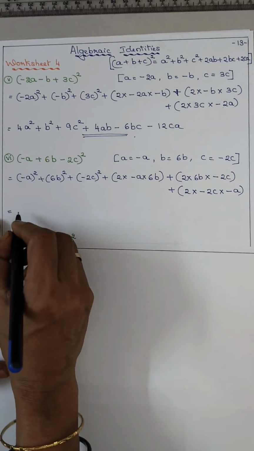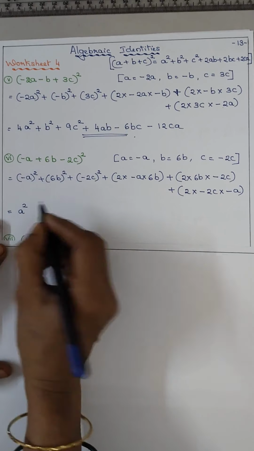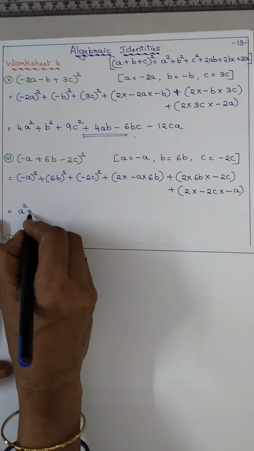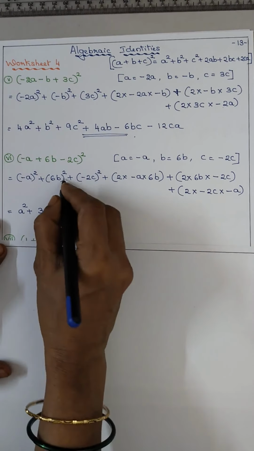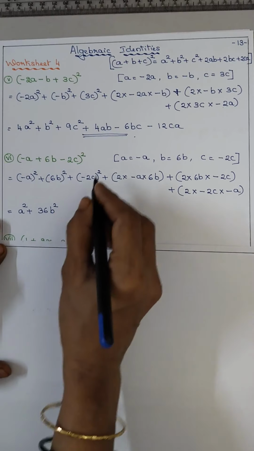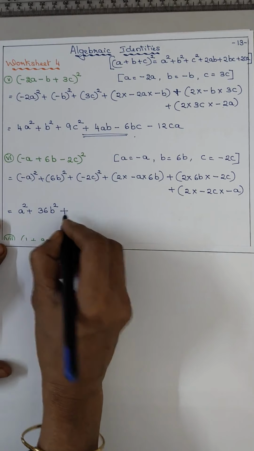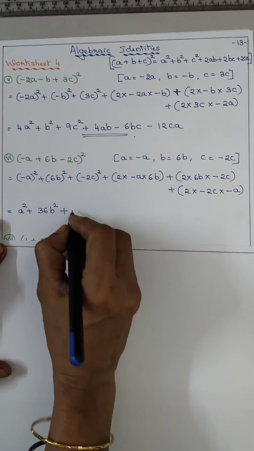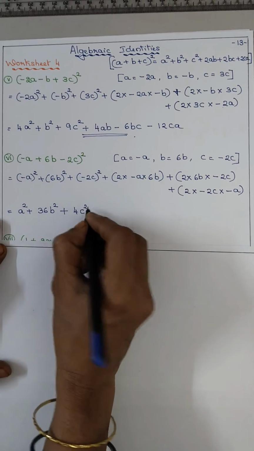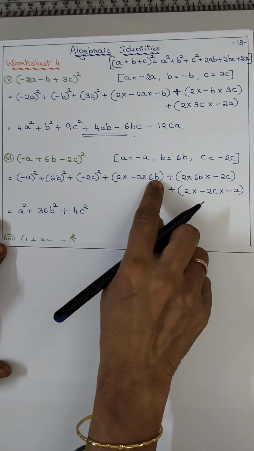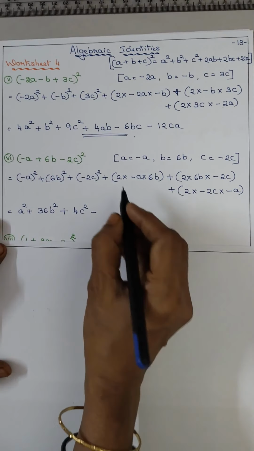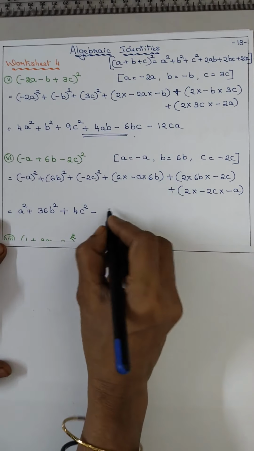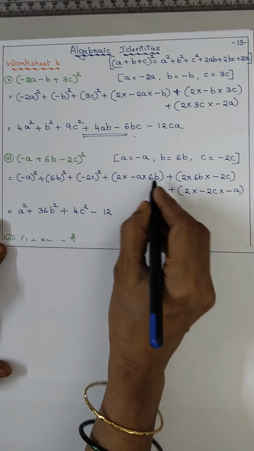Square of a negative is positive, so it will be a square plus 6 square is 36b square, square of negative is positive, 2 square 4c square, 1 negative within the bracket, so it is minus 2 6s are 12ab.